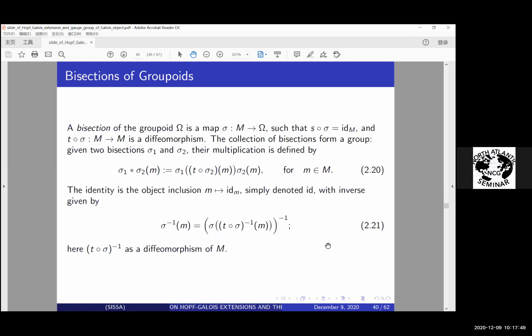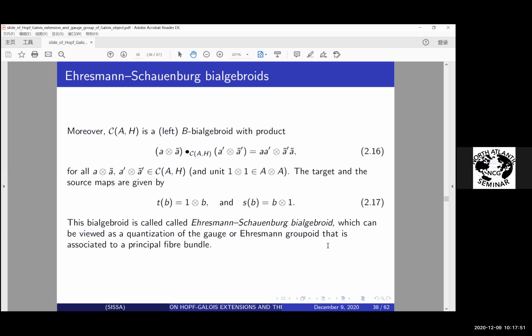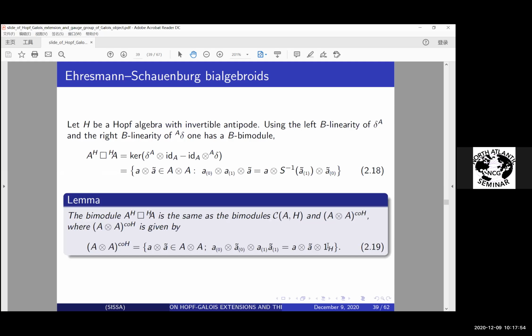Just one quick remark. Can you go back? So if you look at the top of this slide, of course, what you wrote is true, that right coaction is left linear and left coaction is right linear, and it's true even for C-Galois extensions, for coalgebra extensions.